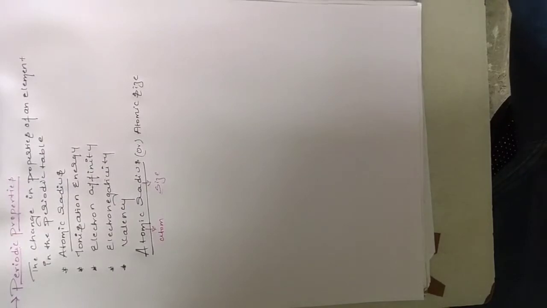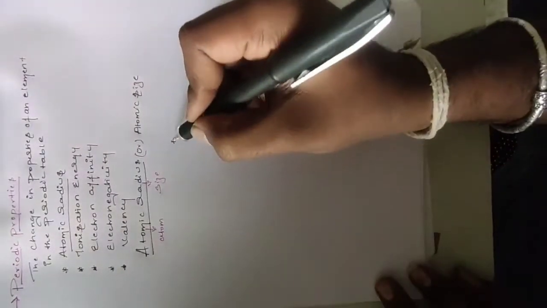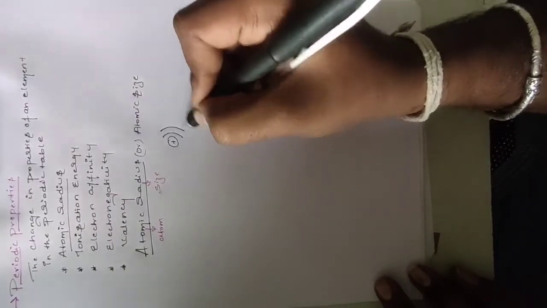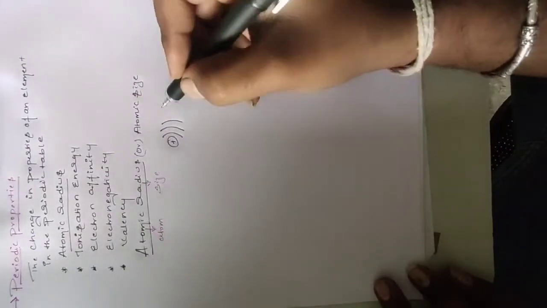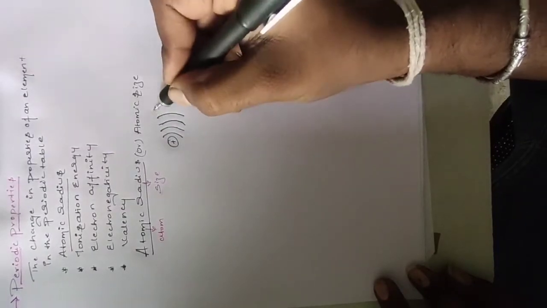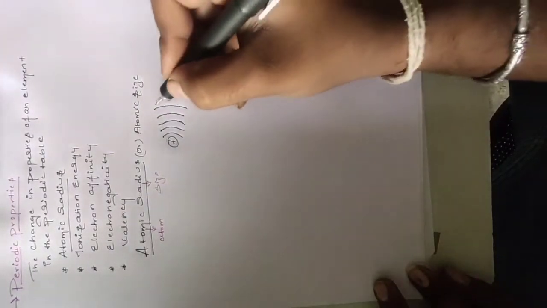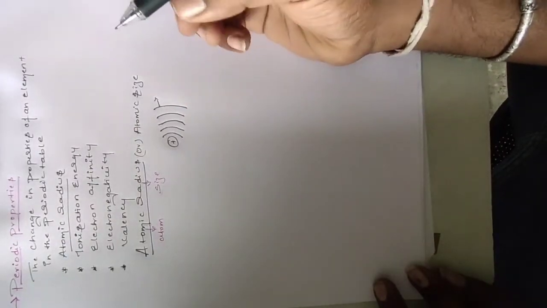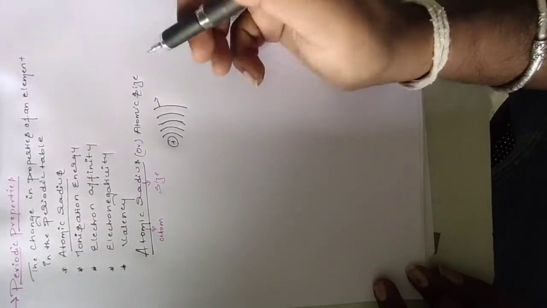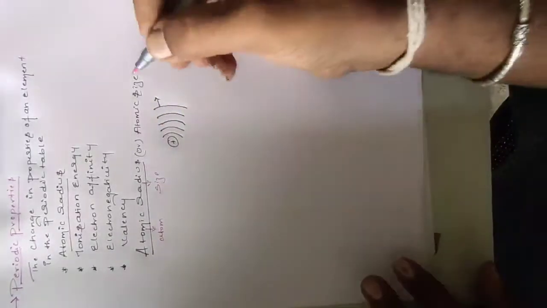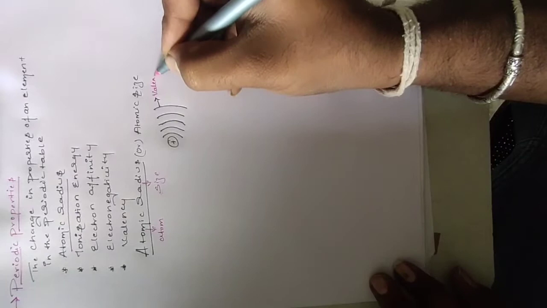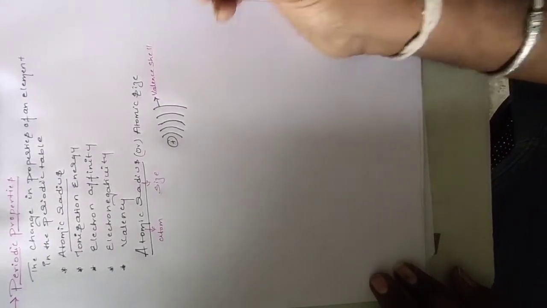We know that an atom has a nucleus at the center. Around the nucleus, it has many electron shells. You see, this is the nucleus, and we have many electron shells. The last electron shell is the valency shell.